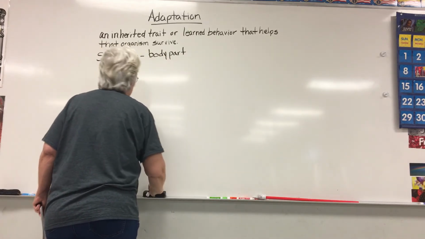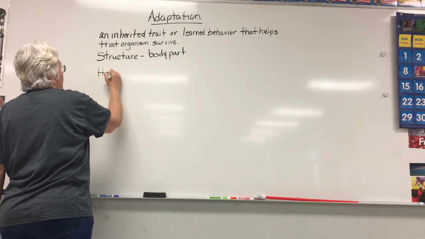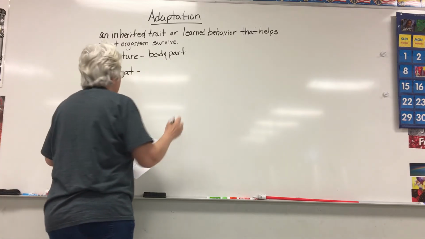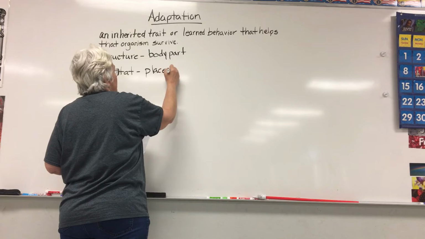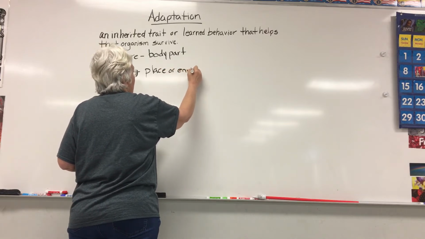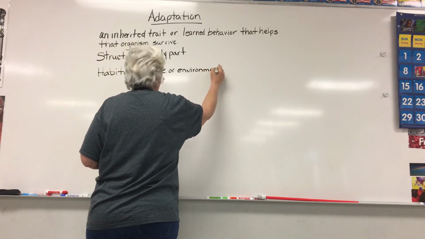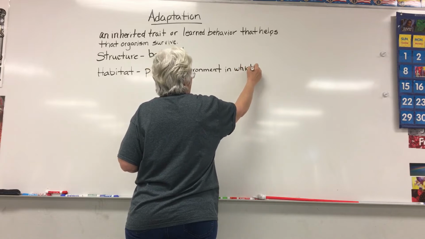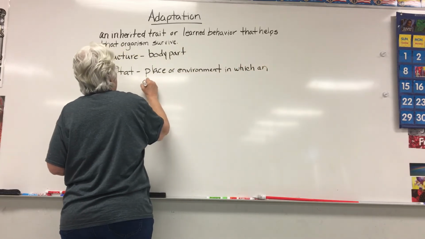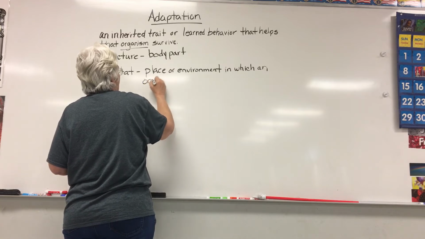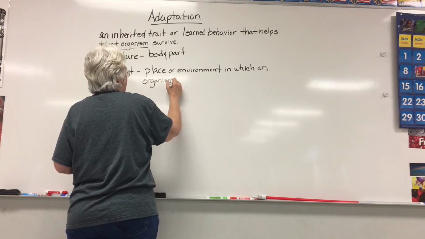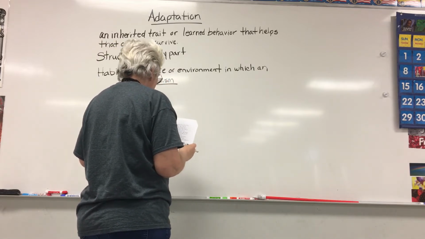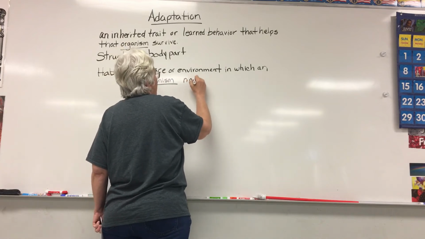A habitat is the place or environment in which an organism naturally lives. And when we talk about an organism here, we use the word organism and not animal, because it can also include plants.